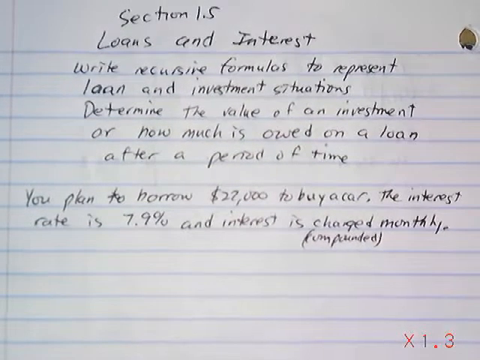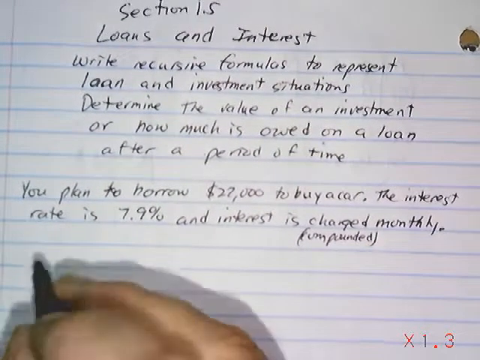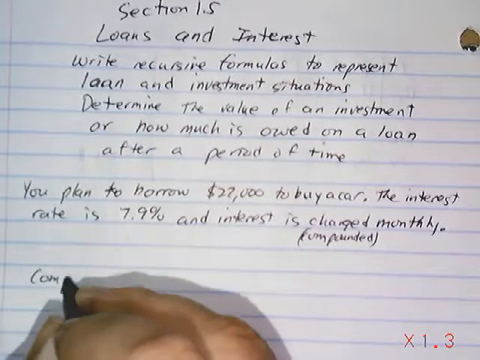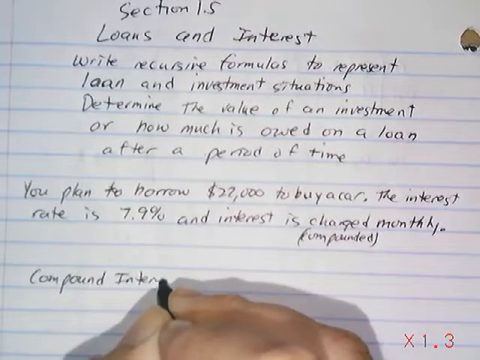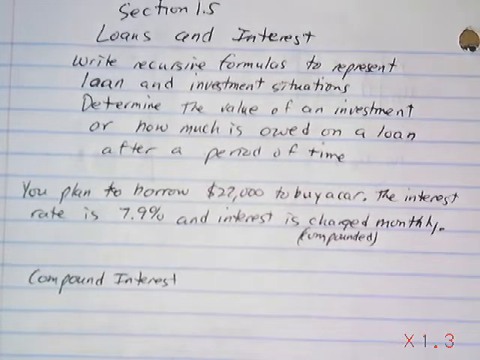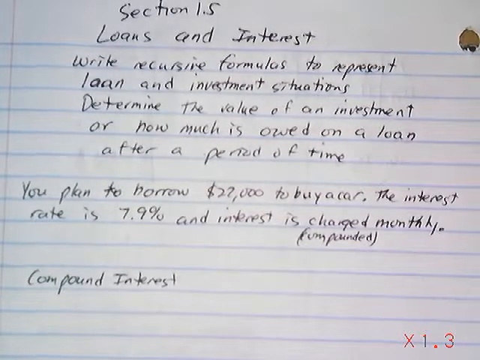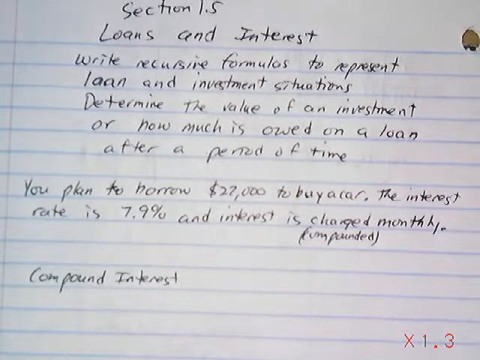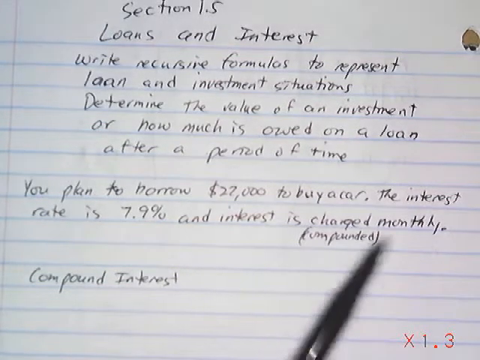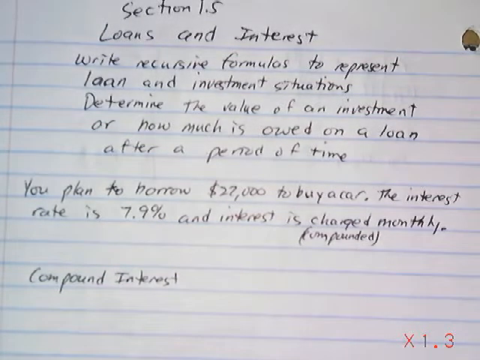But that's not how much we would be charged each month. We would not be charged 7.9% per month. That would be highly extreme. But with compound interest, they can take interest annually, which is not that frequent anymore. Annually would be one time a year. Or they can do it monthly, and I say take interest, but they also could be giving interest.